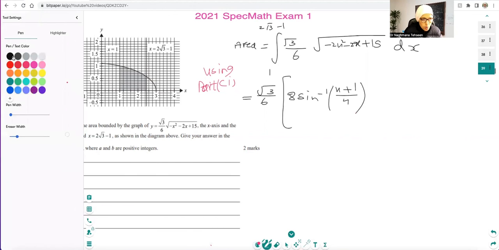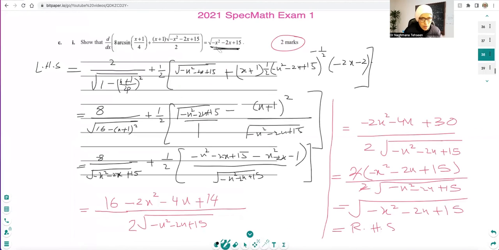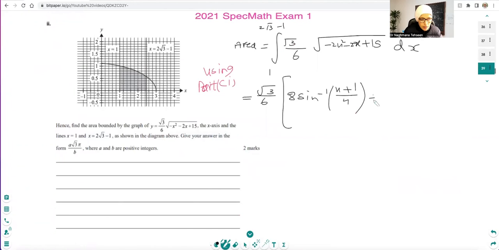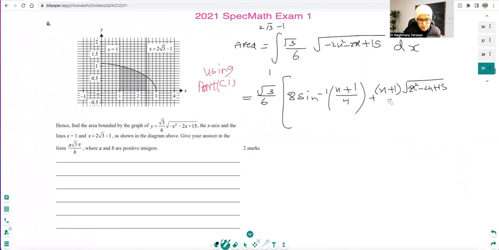And then the next one is just one step back, plus x plus 1 times the square root of negative x squared minus 2x plus 15, over 2. And then we need to put a limit, root 2 root 3 minus 1. And then you go upper limit minus lower limit, which will give us the answer for this one.